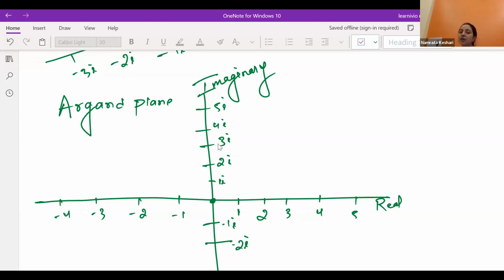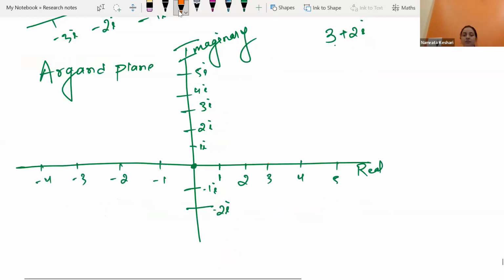If we have a complex number 3 plus 2i, that means the real part is 3. Let's locate it. The real part is 3, which we search on the real line, and the imaginary part is positive 2i. So this is the point which represents 3 plus 2i, or in short we can also write it as 3 comma 2.